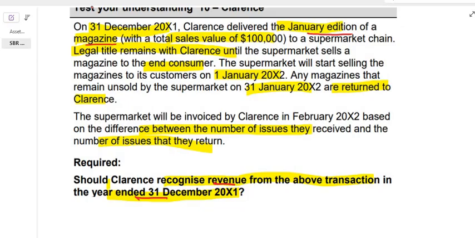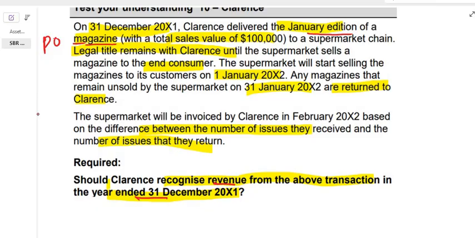Why? Because C satisfied this obligation when the control of the magazine is transferred to the supermarket. So the physical possession has just transferred to the supermarket. This is the performance obligation, and it will be point in time.